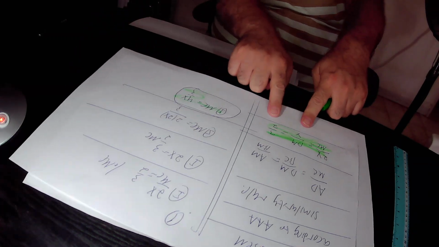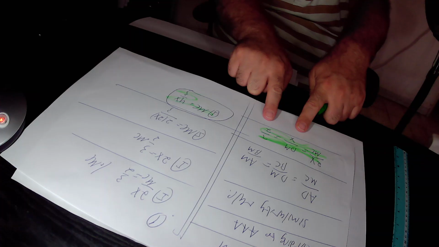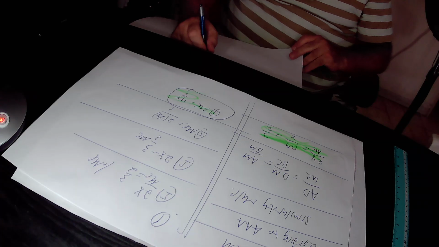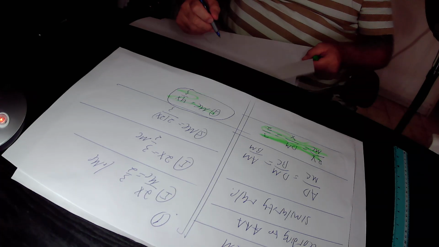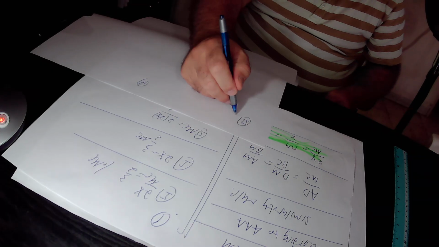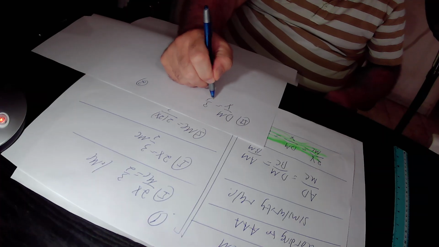Those two expressions are also equal to each other, so we get equation 2 from them. According to equation 2, we get that DM over x equals 3/2.